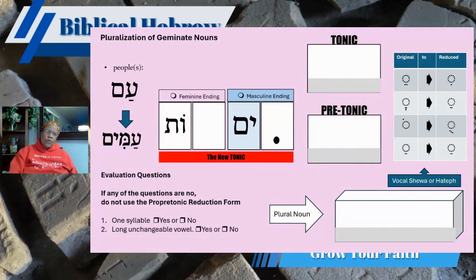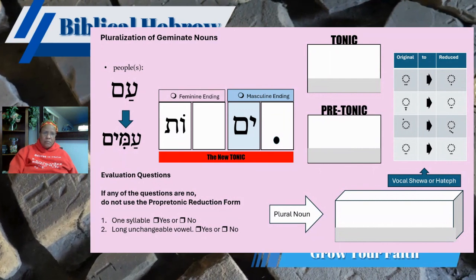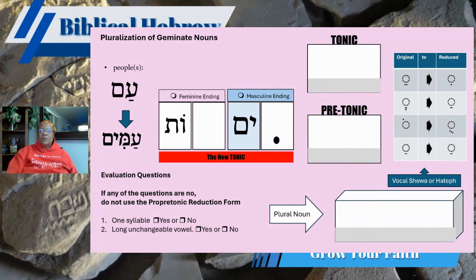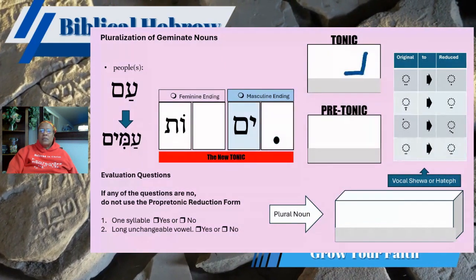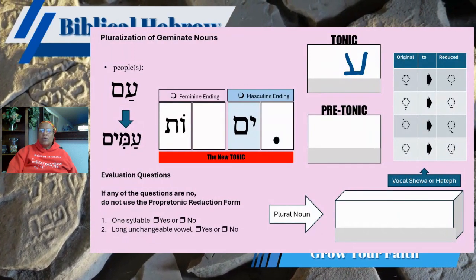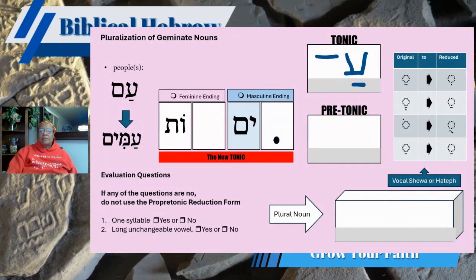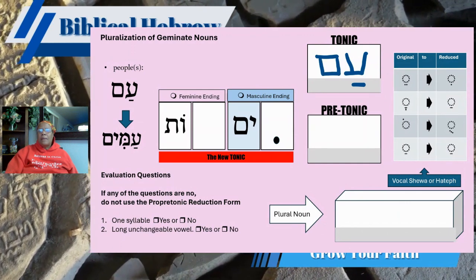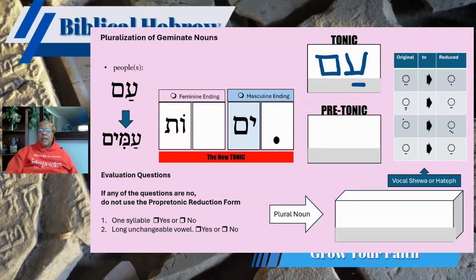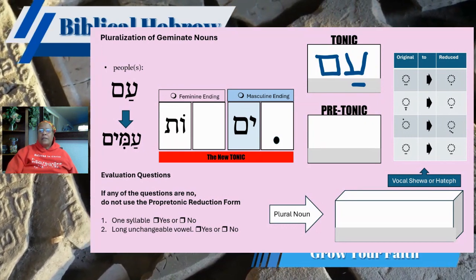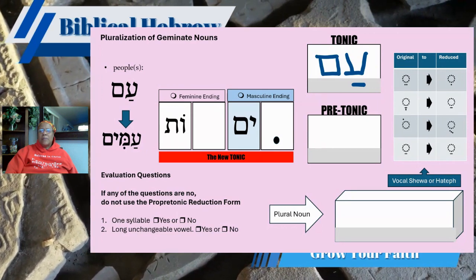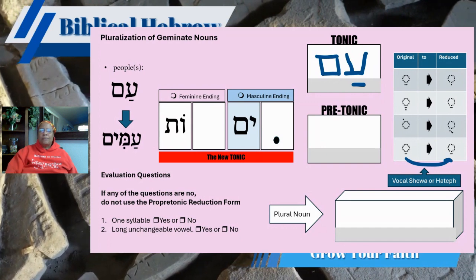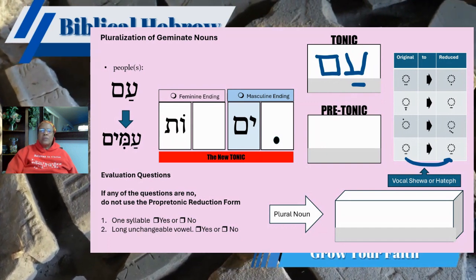All right. Let's look at the form. Okay. Let's talk about so first thing I'm going to do is write my word with a patach and a mem. Okay. And I'm looking here saying, the original is a patach, so it probably is going to go to a patach.